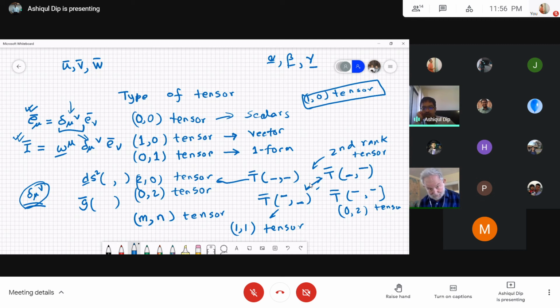But a 1-1 tensor can be a tensor that takes a one-form and then a vector, or it could take a vector and then a one-form. That means a 1-1 tensor also has two types of tensors. Yes, 1-1 tensors are two types of tensors combined in a single package. So we have to be careful. The definitions are not that clear. The clarification comes from what we have written over there.